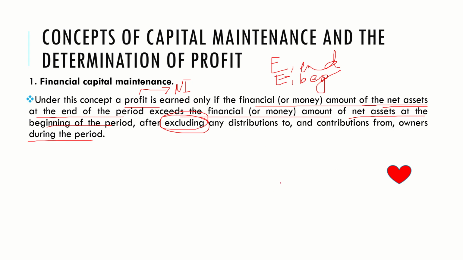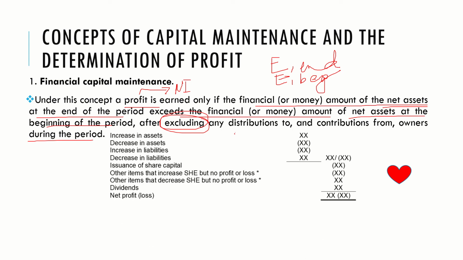But let me just put it in a way na maintindihan natin siya by putting it in an equation. Okay? So paano po ba? 'Di ba yung net assets kanina, that is also referring to our capital, and the capital is what? Asset less liabilities. So ganito po yung gusto kong mangyari dito. Increase in asset, okay, minus any decrease in asset.